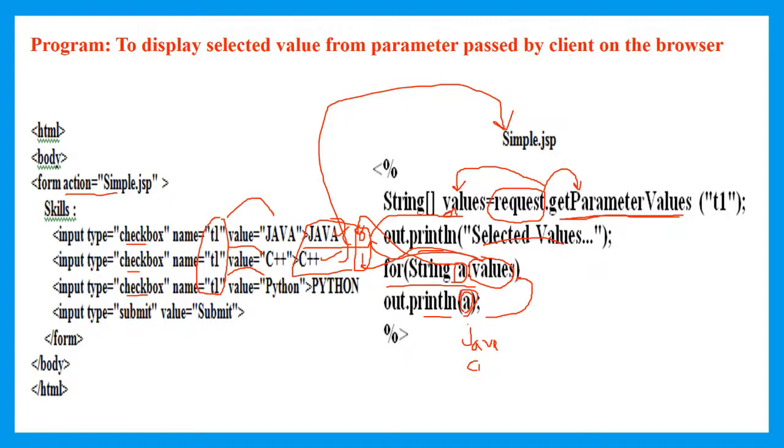Again the control comes back to the enhanced for loop, but there are no more values, it is pointing to null, so the enhanced for loop is going to be terminated. This is a simple program by making use of the getParameterValues method. There are 3 different methods which are available.